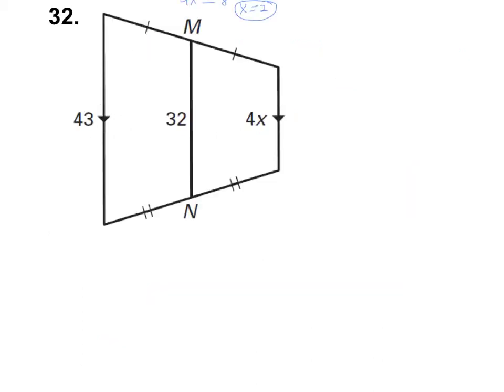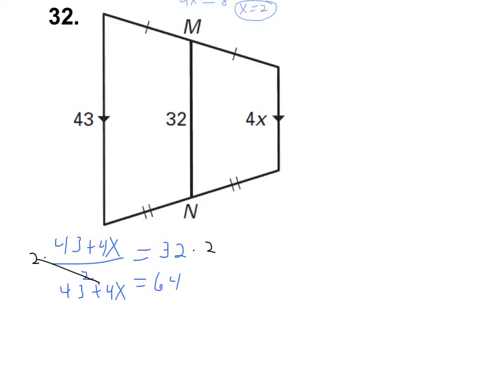Okay, number 32, another one where we have a trapezoid and a mid-segment. So the two bases, 43 and 4x, those will add together, divide by 2, and that will equal 32. I would times both sides by 2 in this case. So on the right side you'll have 64, and on the left you'll still have 43 plus 4x.